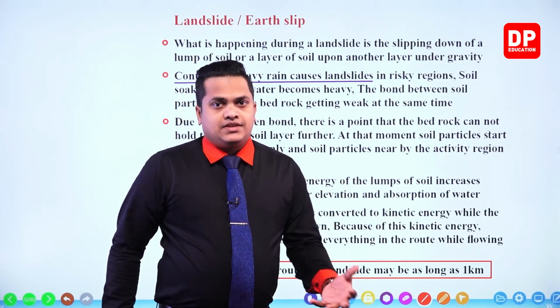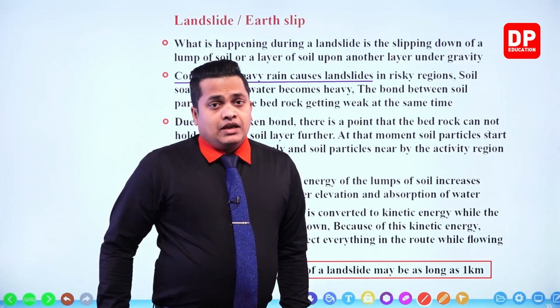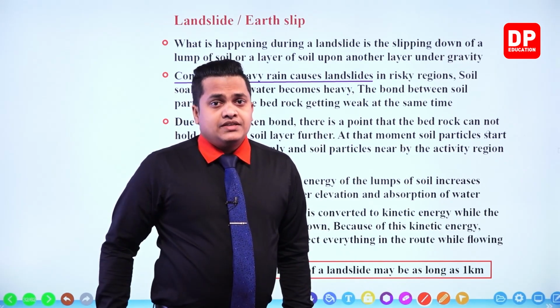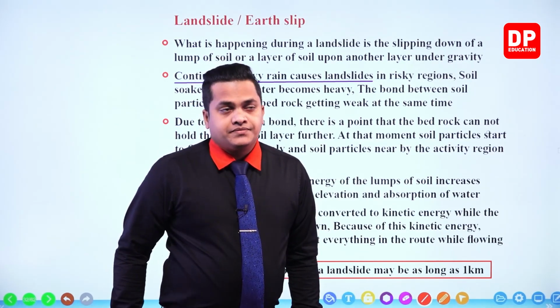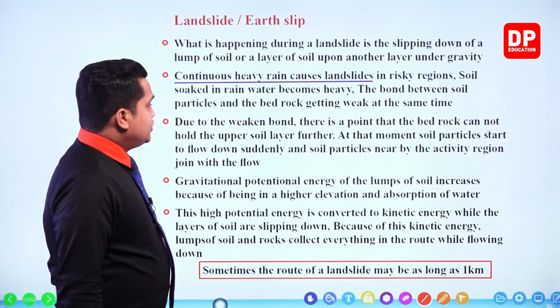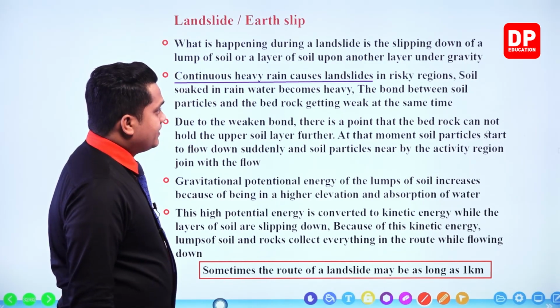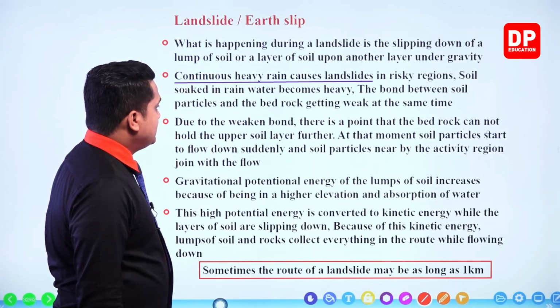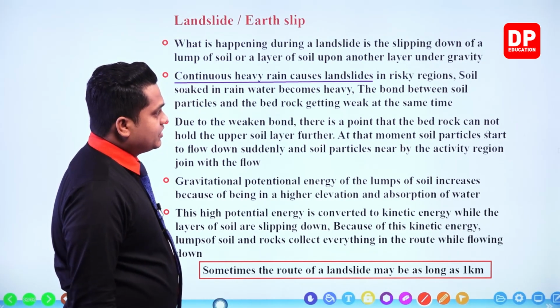This incident is what is referred to as a landslide. So heavy rainfall is a main causative agent of a landslide. Soil soaked in rainwater becomes heavy. The bond between soil particles and the bedrock gets weak at the same time.